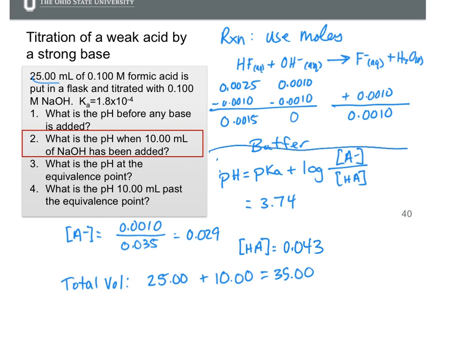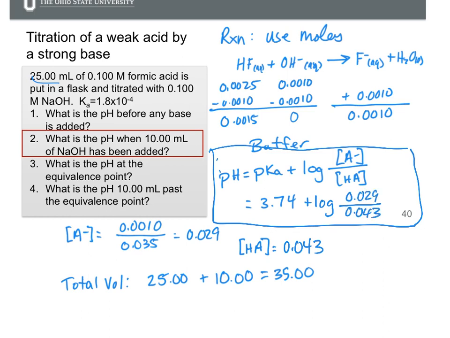Okay, so let's go back to our buffer equation. pH equals 3.74 plus log of 0.029 over 0.043. Okay, we have more acid in solution, so we should get a negative number here. Yeah. And pH is going to be equal to 3.57.